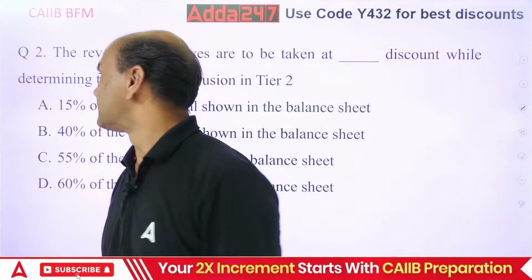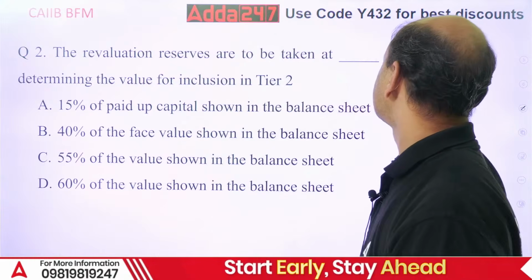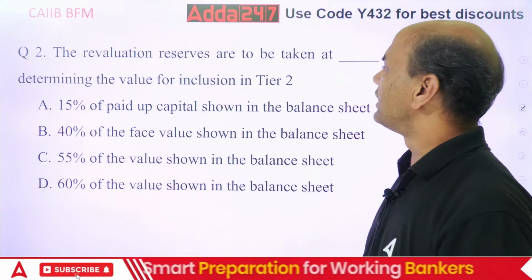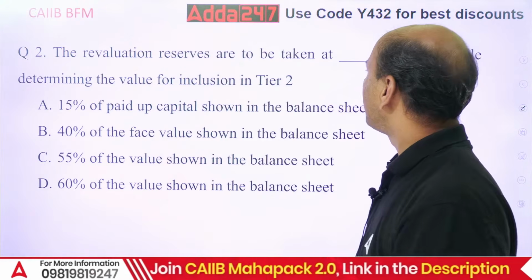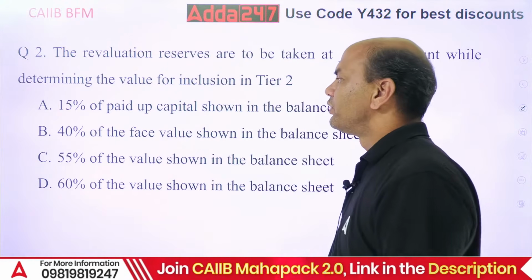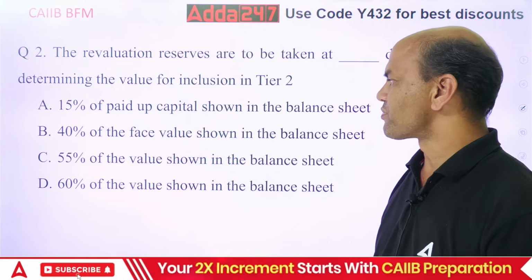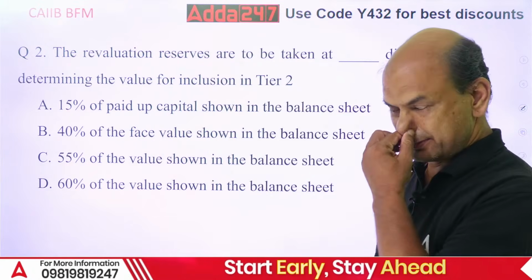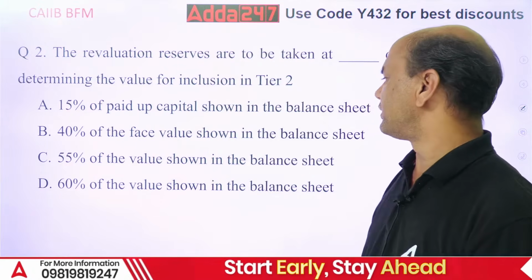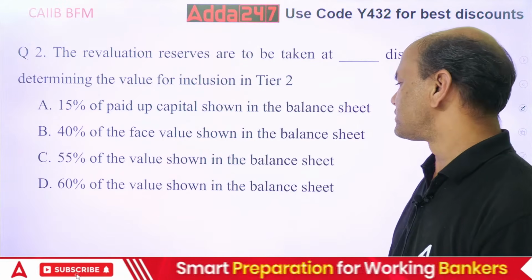Check this next one. The revaluation reserves are to be taken at a what discount while determining the value for inclusion in tier 2? So what discount are we taking? 15% of the paid up value shown in the balance sheet, 40% of the face value shown in the balance sheet, 55% of the value shown in the balance sheet, 60% of the value shown in the balance sheet.